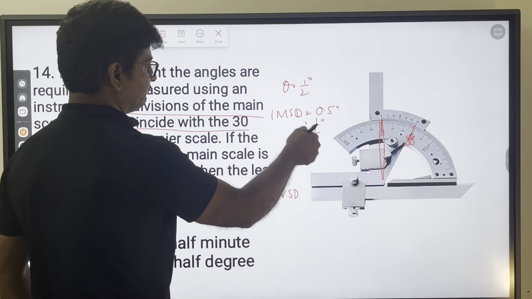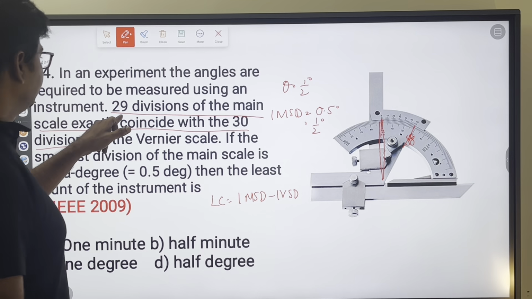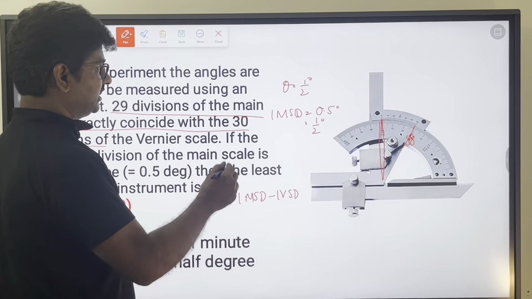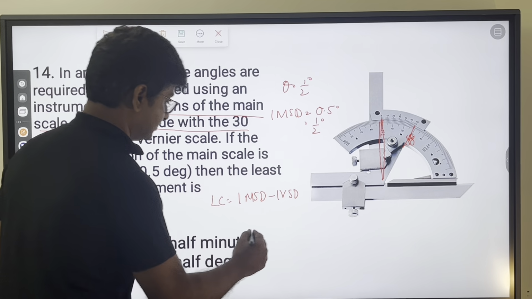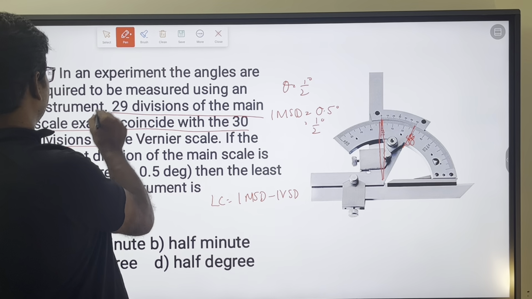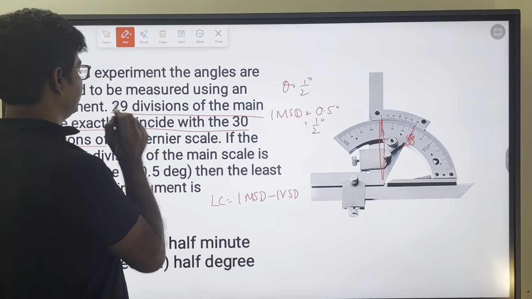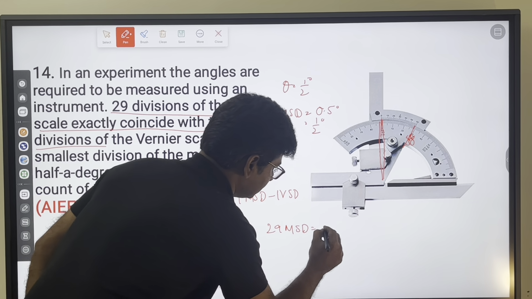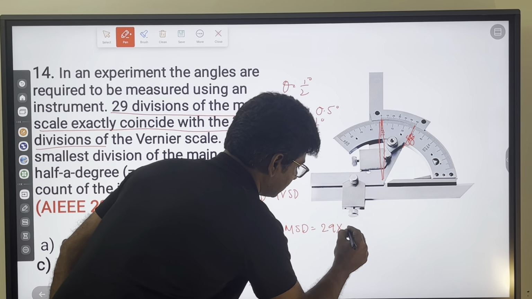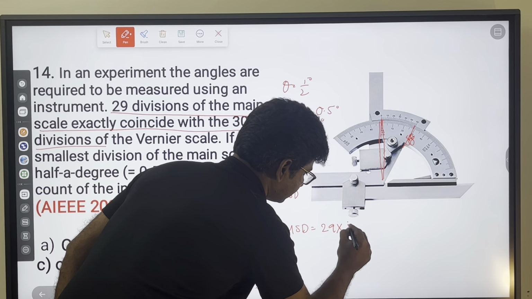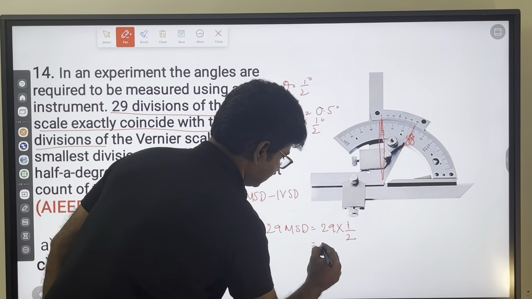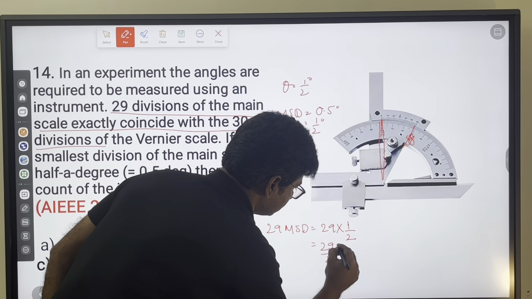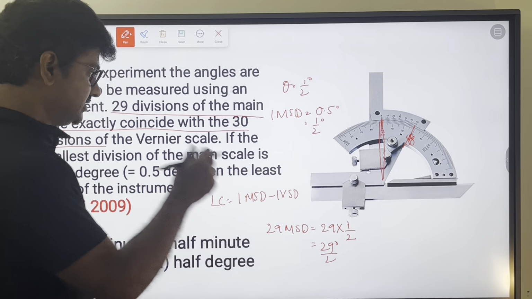So 1 MSD is given as half a degree. We have to find what is 1 VSD. Further, he has given 29 divisions on the main scale. 29 divisions on the main scale coincide with 30 divisions on the vernier scale. So 29 MSD means 29 into half a degree, that is 29 by 2 degrees, because each is half a degree, 0.5.